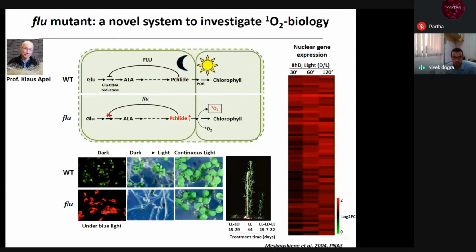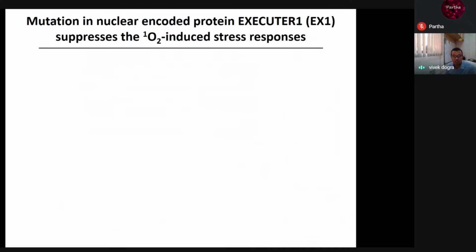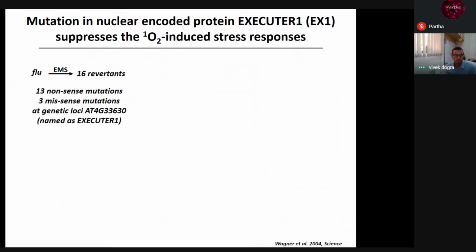Okay, so this was a very kind of changing discovery where people had changed their view towards ROS, that ROS can be a signaling component. So now, how to find how this signaling happens?